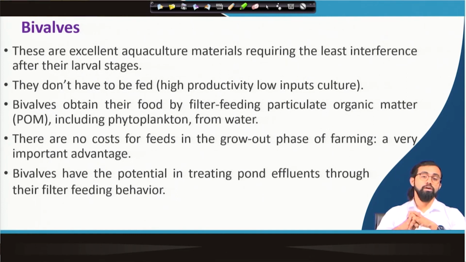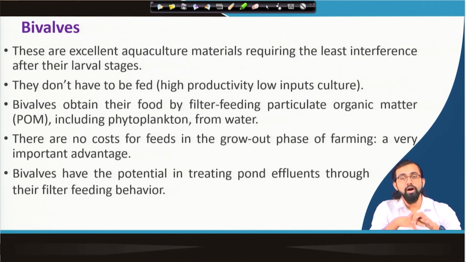It has a potential of treating pond effluents through their filter feeding behavior as well. What does that mean? It means that these bivalves are not only having the food from the natural habitat, but also they're kind of treating the environment. How are they treating the environment?